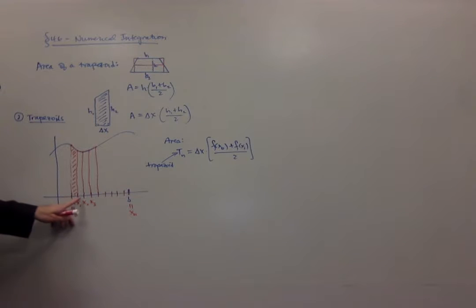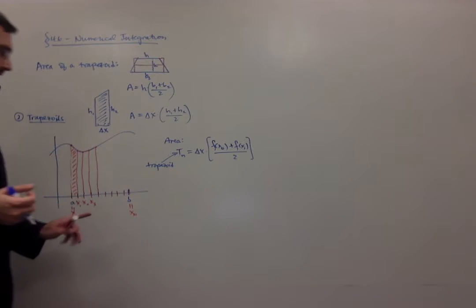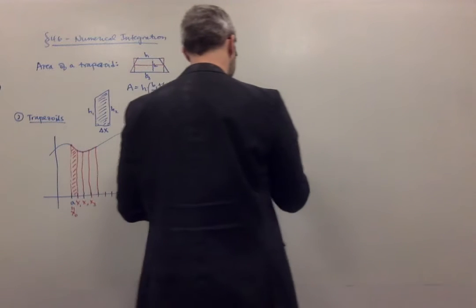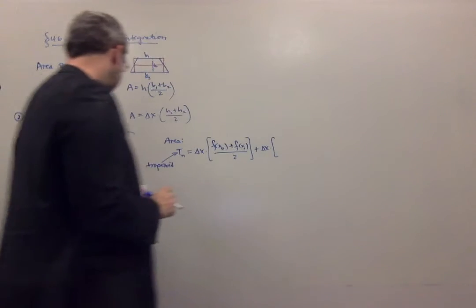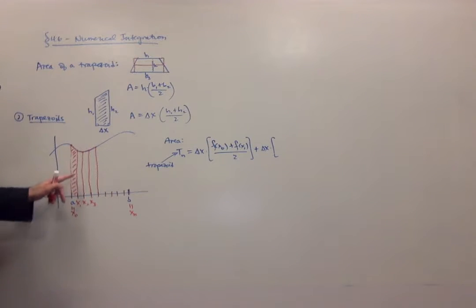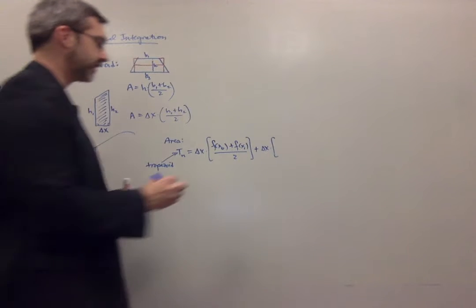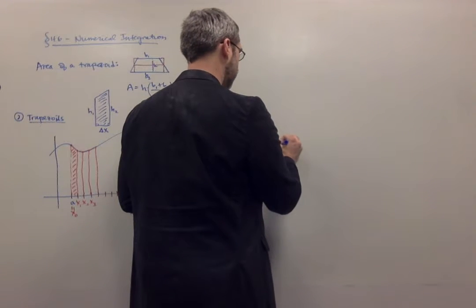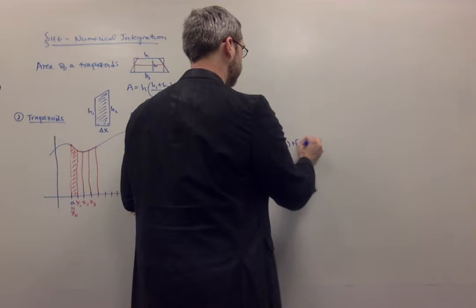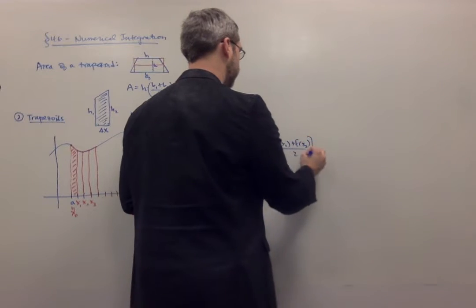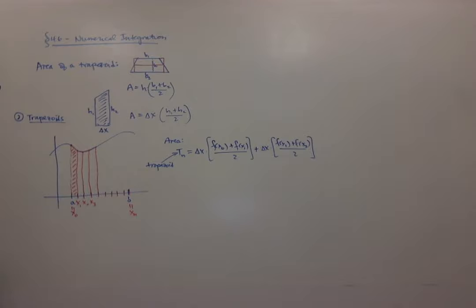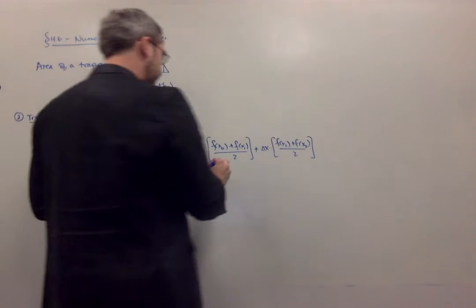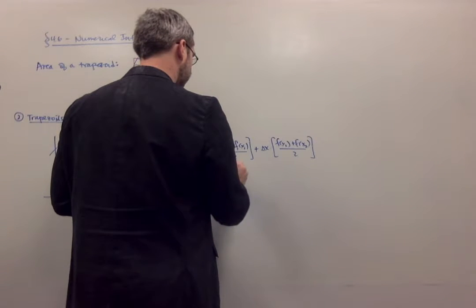The second trapezoid is going to have width, kind of the height, delta x. And then I need the average of the two bases. Well, the bases are going to be what I get when I plug x1 in the function, f of x1, and then f of x2. So I'm going to average those two. The next one's going to be delta x, and you can kind of see the pattern here.